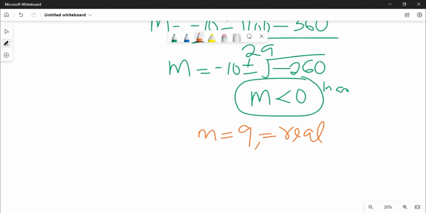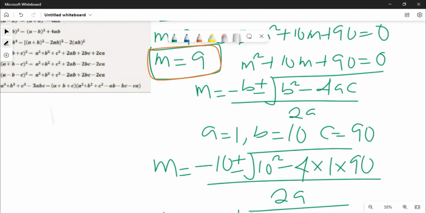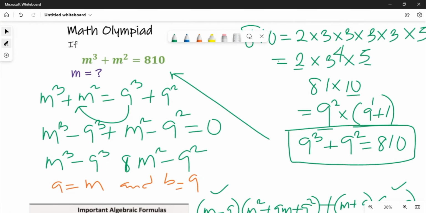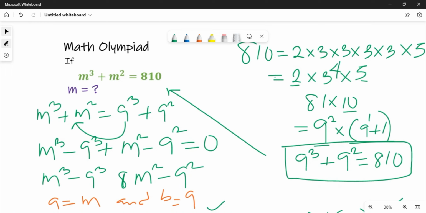The other solutions are just imaginary or non-real solutions. So the solution to our initial equation, m raised to power 3 plus m raised to power 2 equal to 180, is m equal to 9.